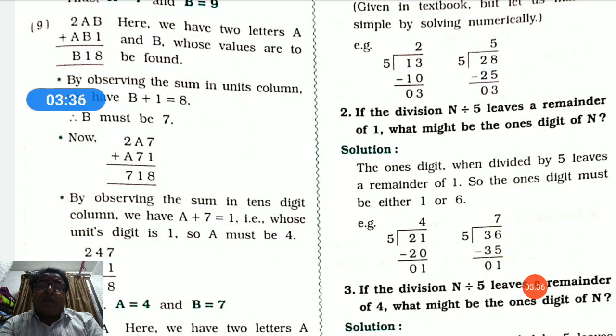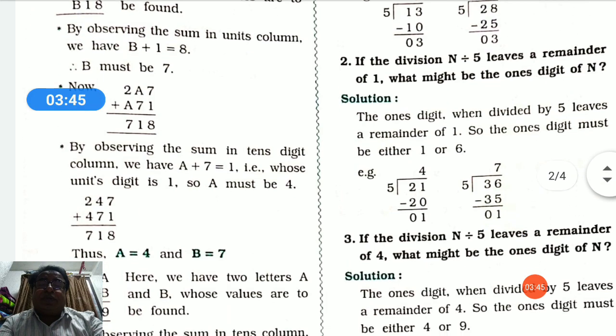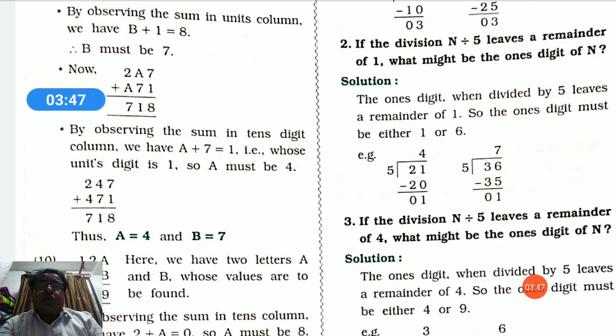So A must be 4. 7 plus 4 is equal to 11. 1 is carry on. So our example becomes 247 plus 471. Answer is 718. Thus A is equal to 4 and B is equal to 7.